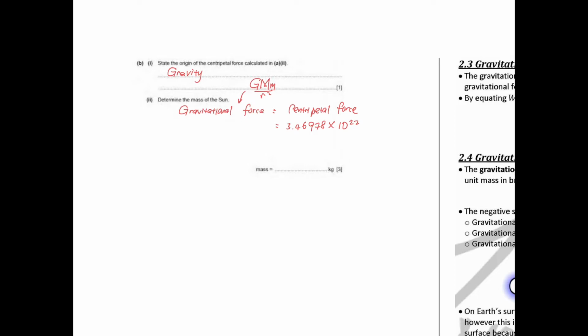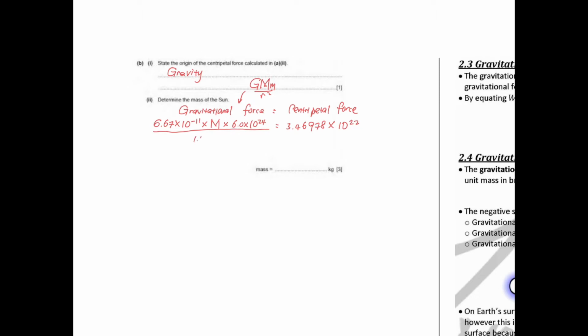So G is 6.67 times 10 to the power of negative 11. Mass of the sun we don't know. Mass of the earth we know, 6.0 times 10 to the power of 24. And then at the bottom we have to put the r. r is the distance between the sun and the earth.